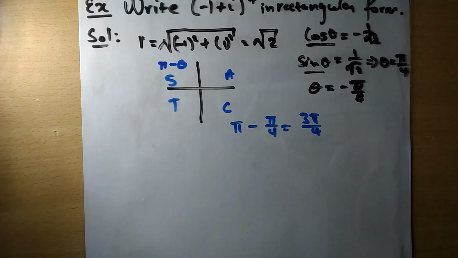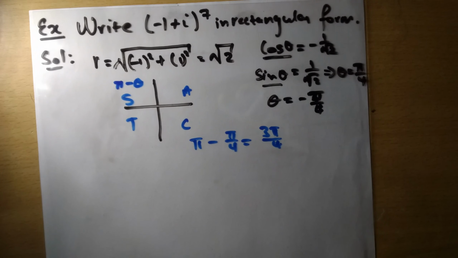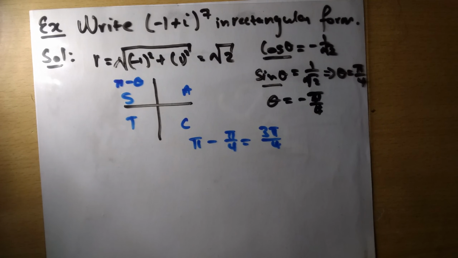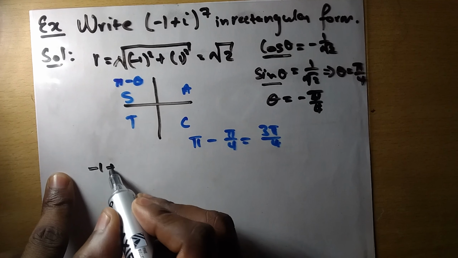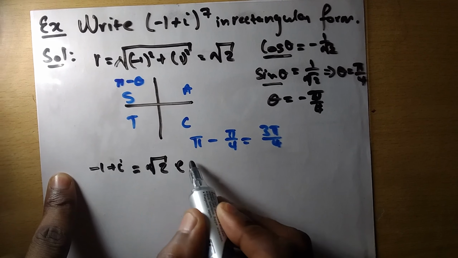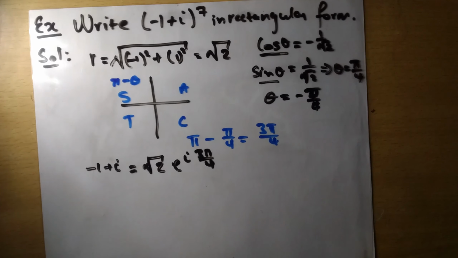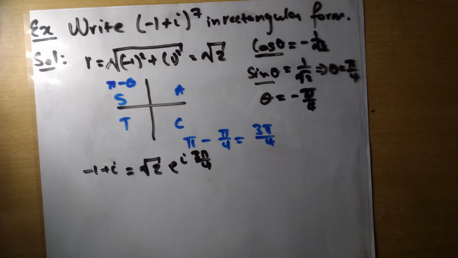It's going to give us negative 1 over root 2, and then sine of 3 pi over 4 is going to give us a positive 1 over root of 2. Okay, check it guys, please. Now for us to continue, we have our angle theta and our modulus, therefore -1 plus I is equal to the modulus times e to the I, and what is the angle? 3 pi over 4. This is our solution. Okay, but we didn't solve the question.